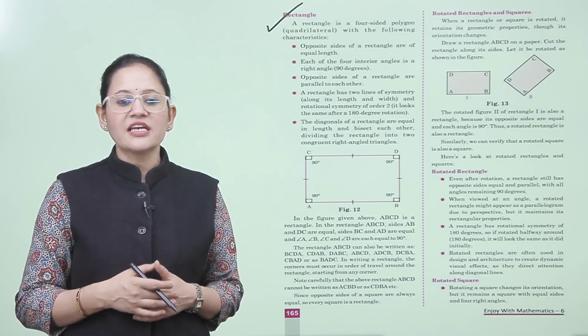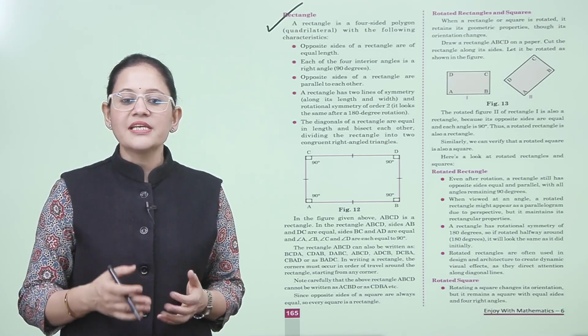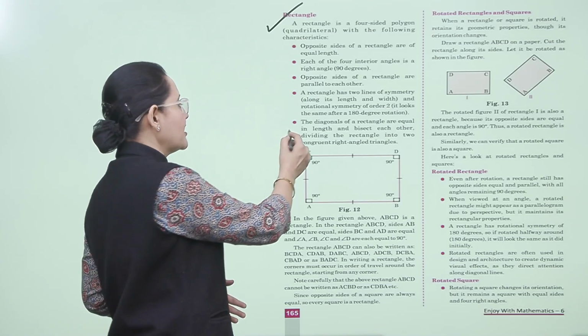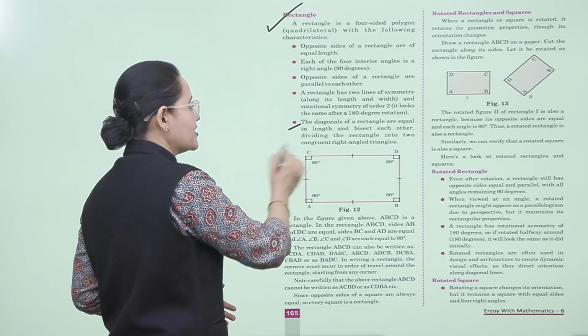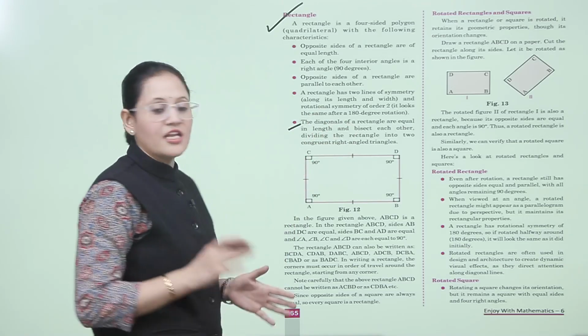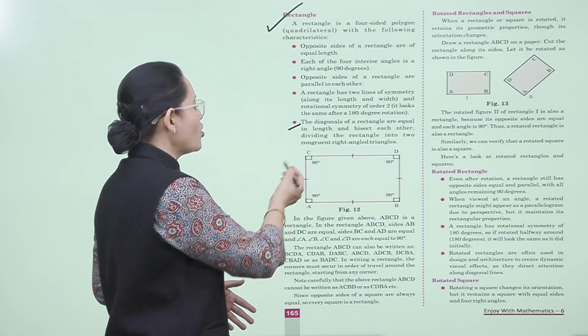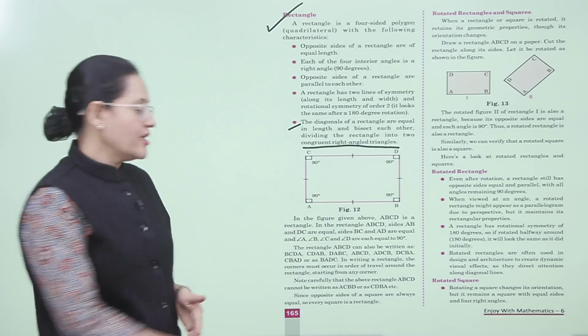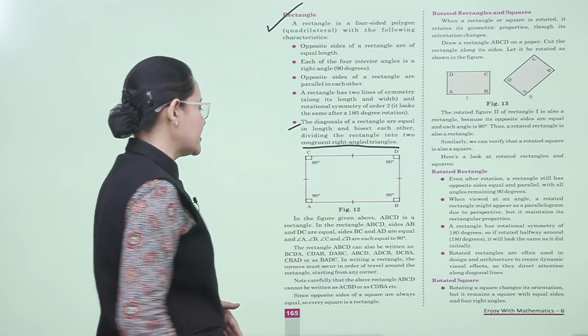The diagonals of the rectangle are equal in length and they bisect each other and divide the rectangle into two congruent right angle triangles. Clear? So, here this is a rectangle ABCD.